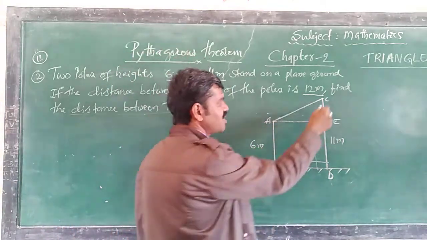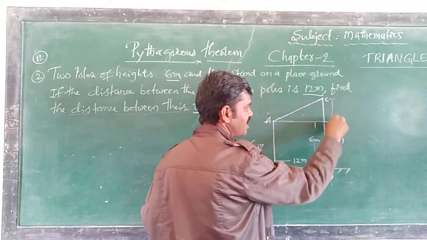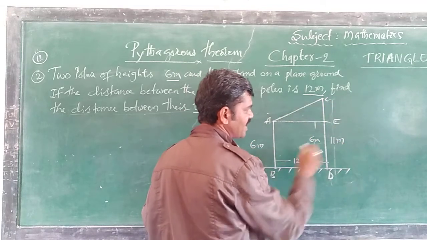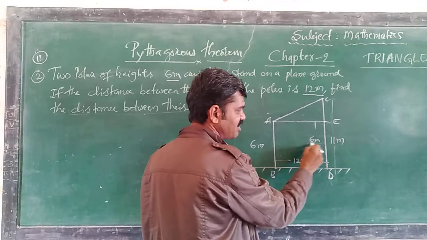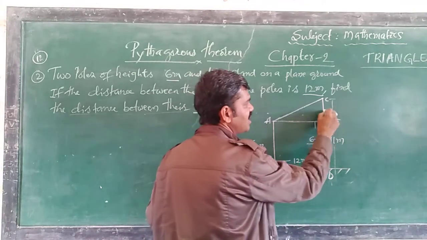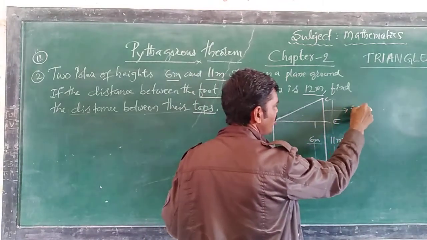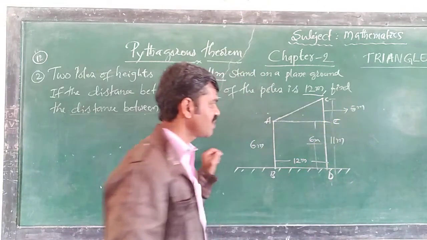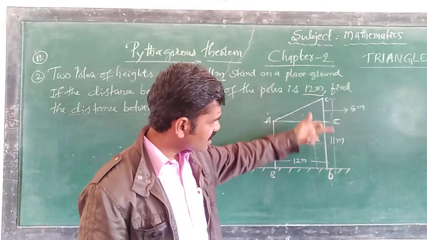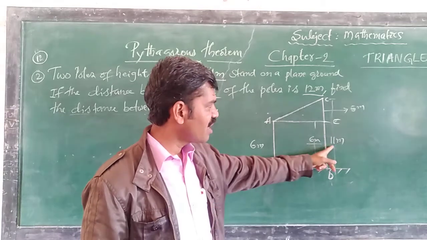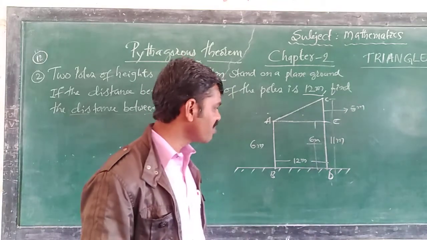The value of CD is given as 11 meter. The value of ED is 6 meter. Then the value of CE will be 5 meter, because if we subtract 6 from 11, 5 remains.